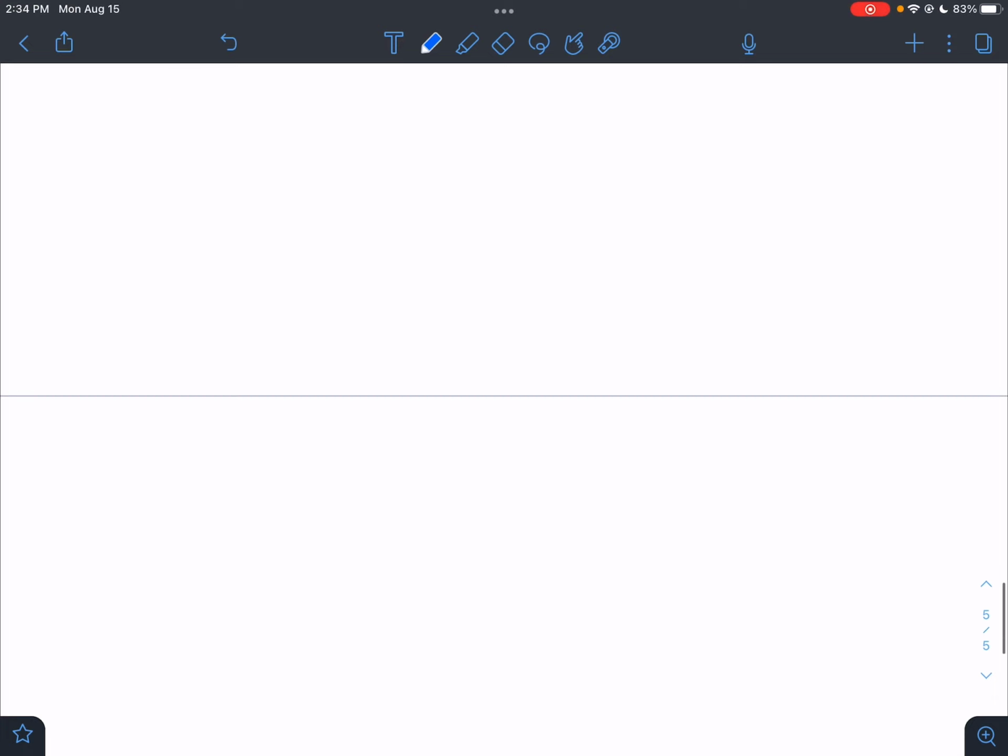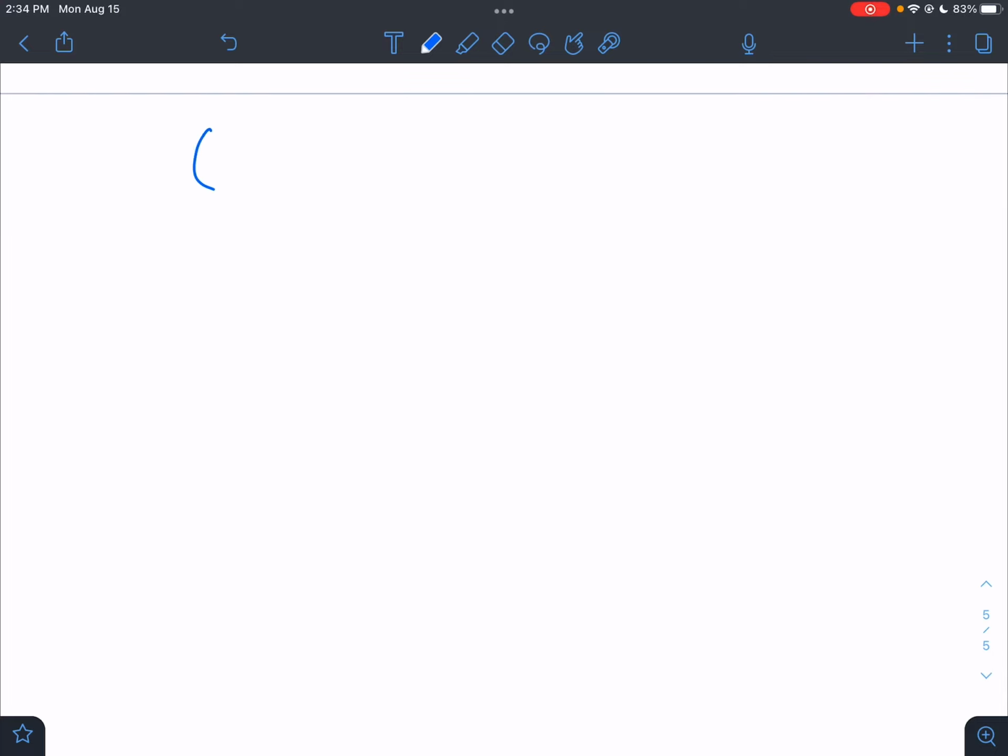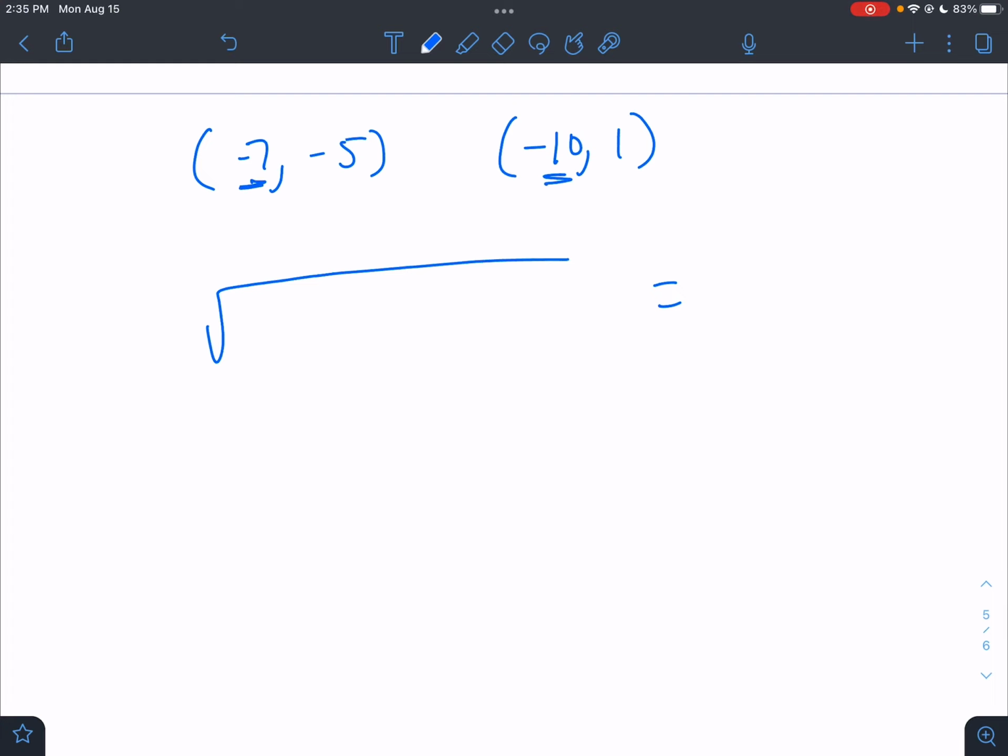All right, I'm going to do one more just so we can take a look at it. Let's say we have -7, -5, and -10, 1. So I want delta x squared. I know that it's going to be the distance between the x's. Well, how far is it from -7 to -10?